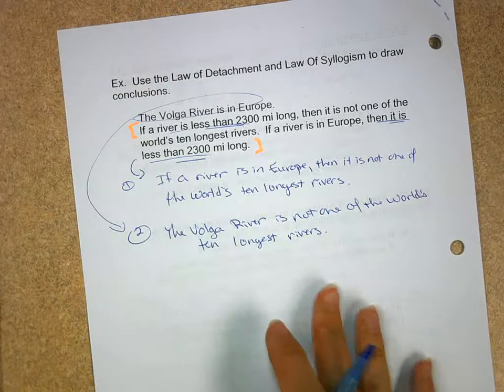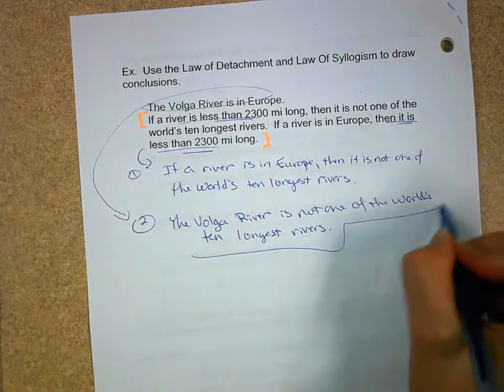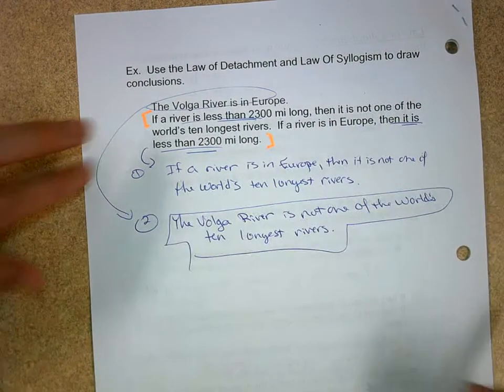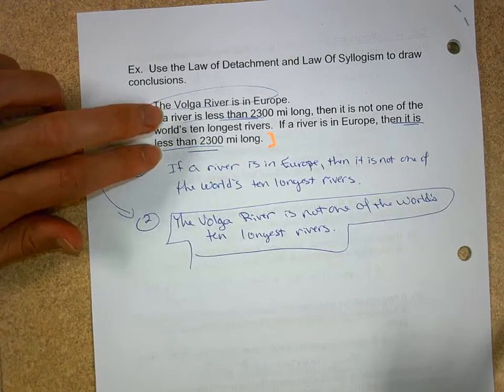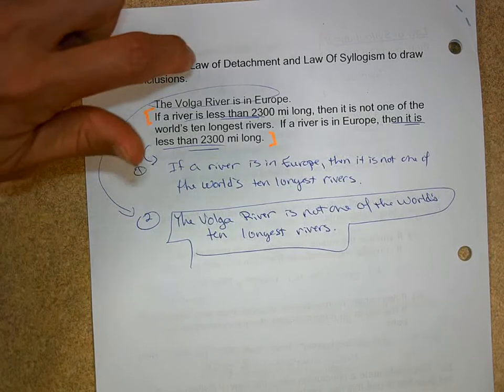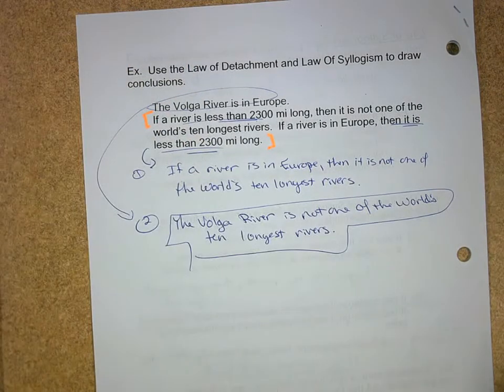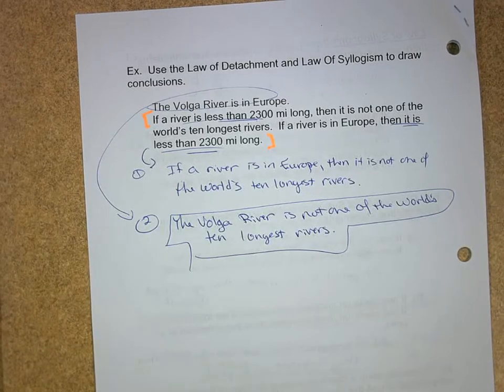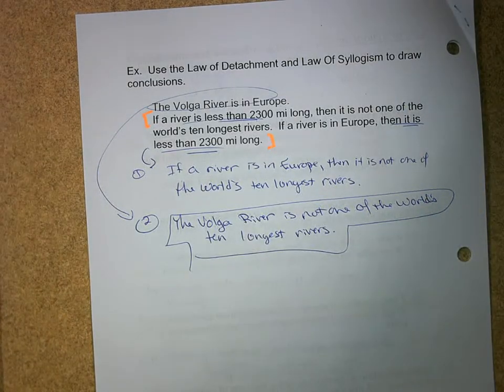So this would actually end up being my final conclusion. So I used my two conditional statements with the law of syllogisms to figure it out, and then I used my law of detachment to get my final conclusion. So you can do combinations of these two. Now this seems really hard, so we're only giving you 15 problems, but hopefully it will be enough to get you started.